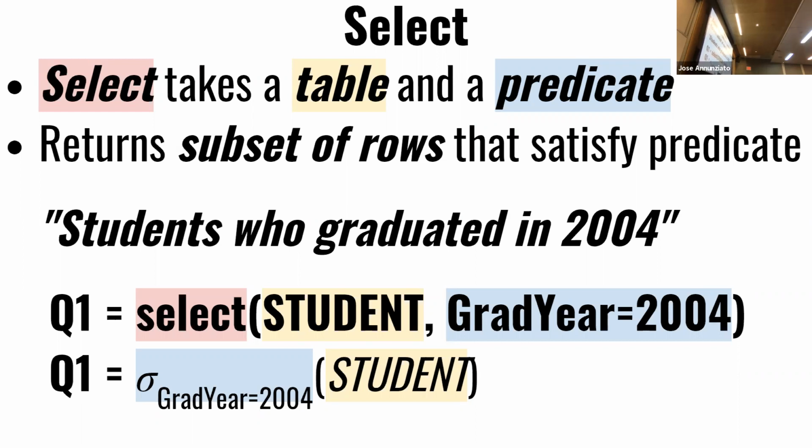And now formally, there's a mathematical notation, where you have the symbol sigma with the predicate underneath. This was what folks were thinking about, mathematically, what could they prove?